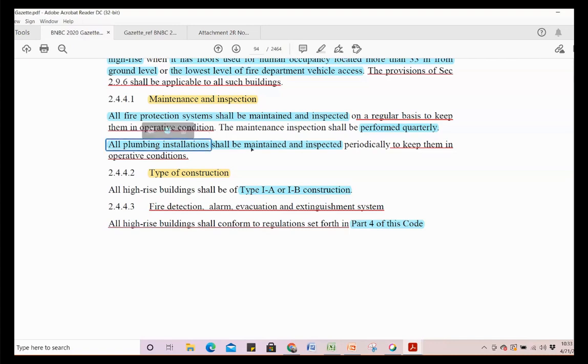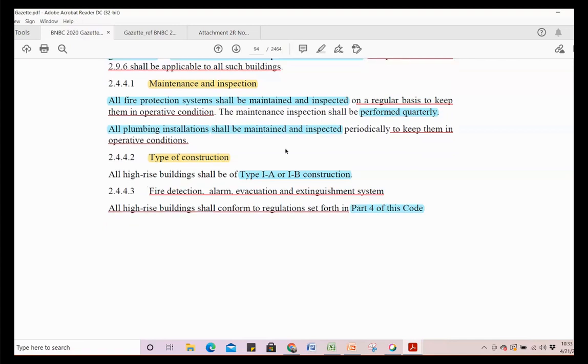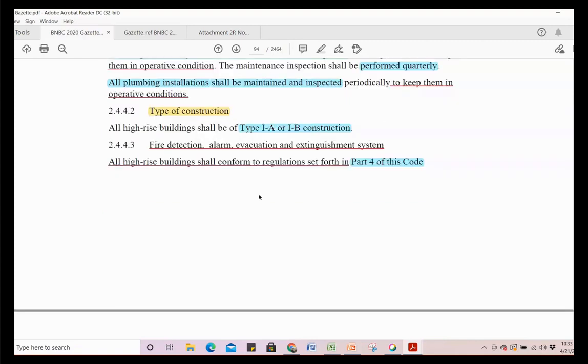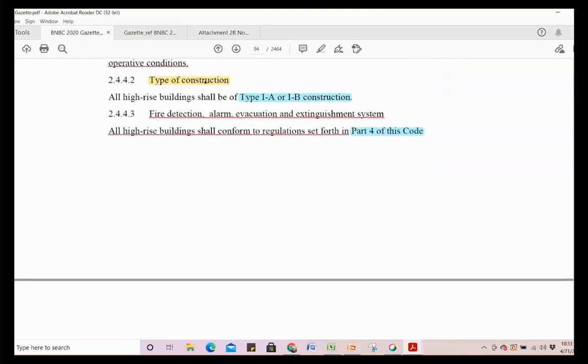All plumbing installations shall be maintained and inspected periodically to keep them in operative conditions. So this is the safety precaution that in case of any fire emergency or anything, they all run properly. So this is a maintenance and inspection clause included in the code. It is more of an operational guideline. So type of construction, all high-rise buildings shall be of type 1A or type 1B construction.